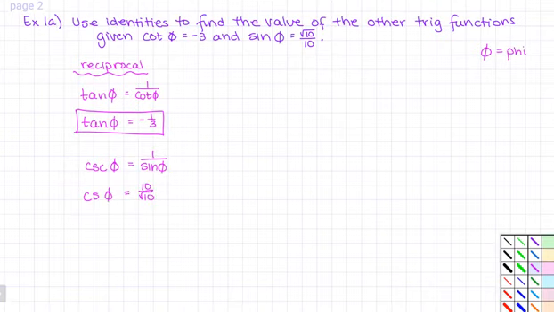Oh man, we have to rationalize the denominator. So we'll multiply top and bottom by root 10. Then we get cosecant of phi is 10 root 10 over 10, so it looks like root 10 simplified.